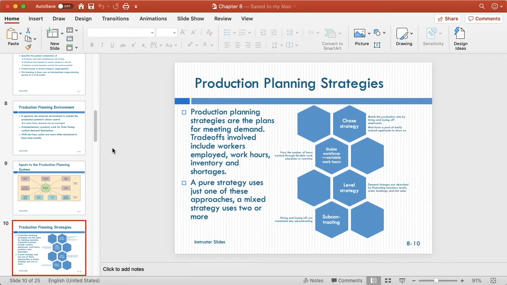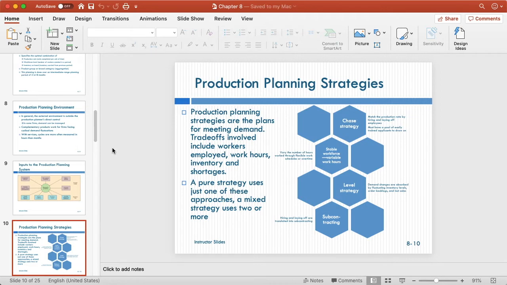Obviously, the advantage of this strategy is that you don't need to vary your workforce level during the process, such that you don't need to pay the hiring cost or laying off cost. That's for sure. But since your workforce is stable, it cannot change, while the market demand itself can change monthly.